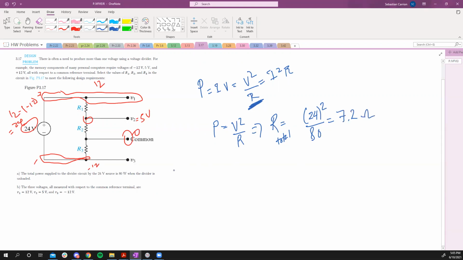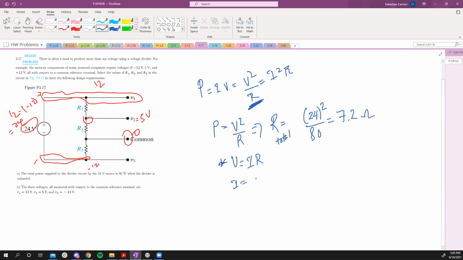ohms. Now it's telling us to find the value for each one. We can get the current by just using Ohm's law, V equals IR.